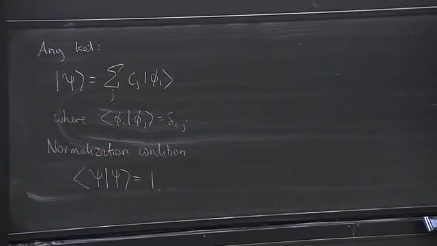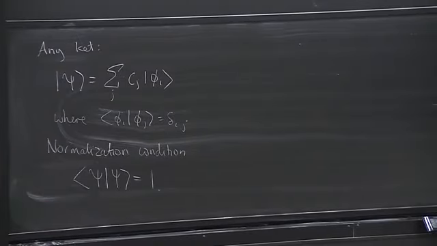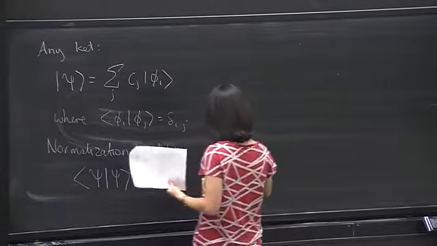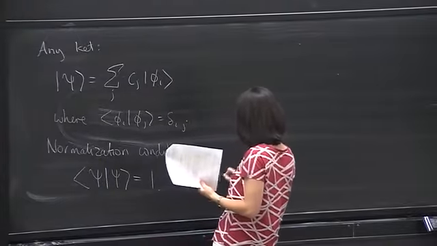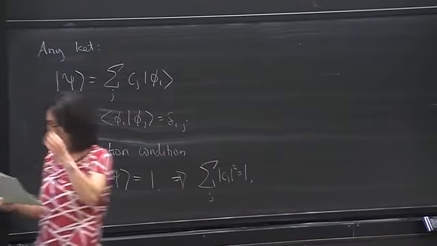Given that condition, what would the constraints be on this complex number c_j? Yep, the sum over j of |c_j| squared should be 1.